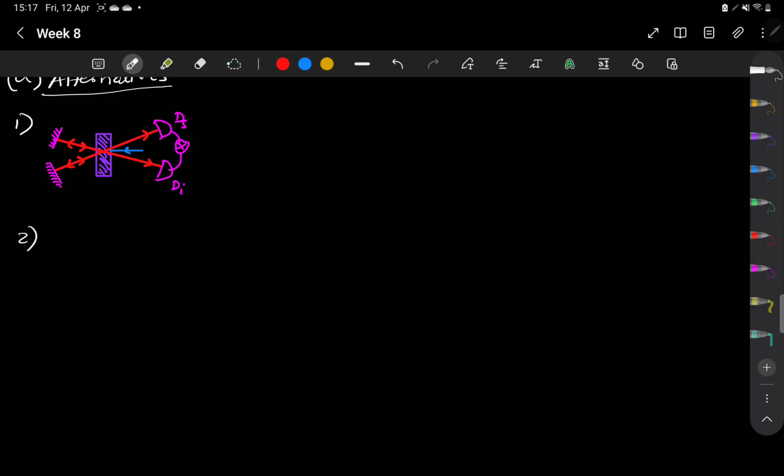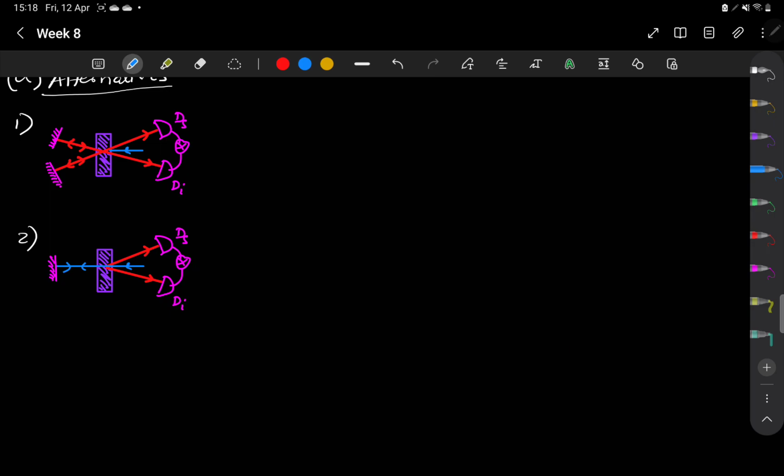And now the second alternative. Let me copy paste this. So these are the two alternatives.